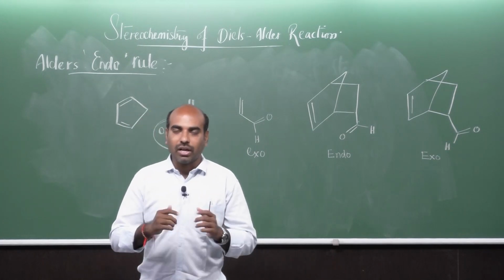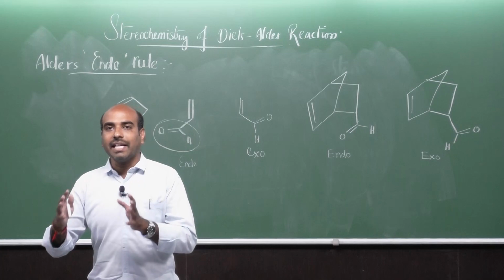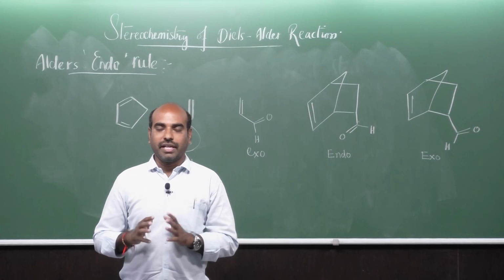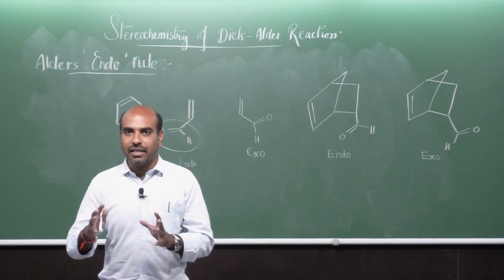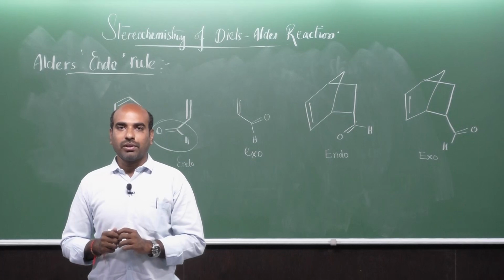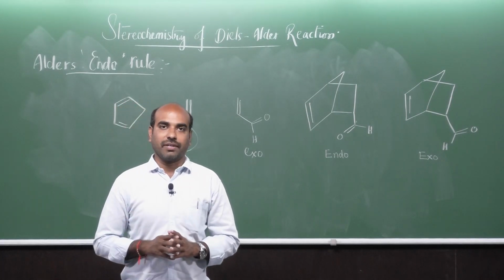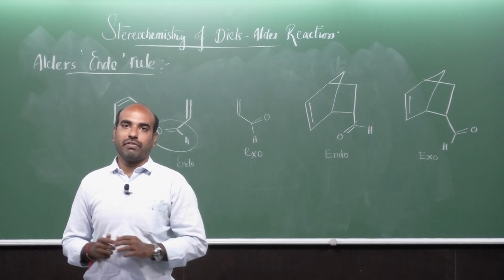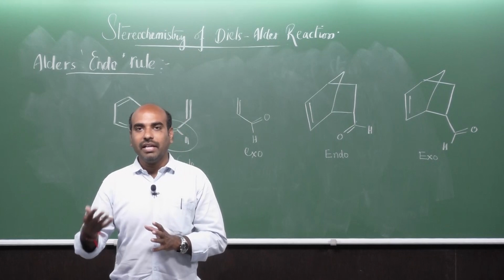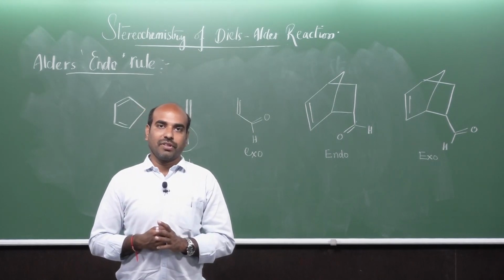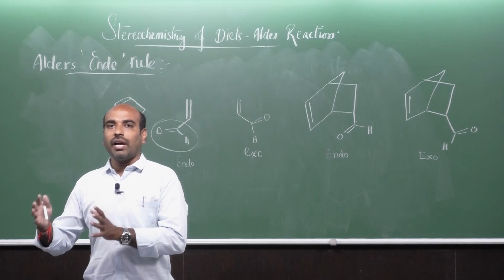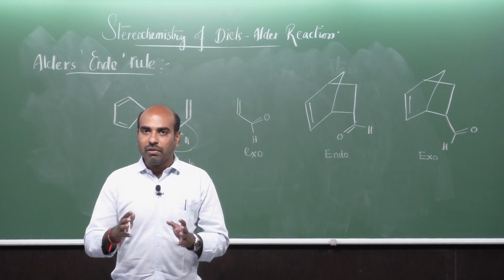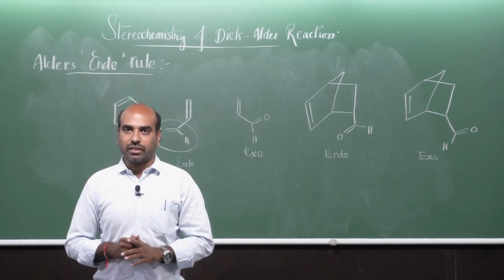According to Alder's endo rule, when a cyclic diene, in most cases only cyclic dienes show this type of reaction, right, participates in a cycloaddition reaction, that is the Diels-Alder reaction, with a dienophile having an unsaturated substituent, then among the two isomers formed, that is the endo isomer and exo isomer, always the endo isomer will be the major product.